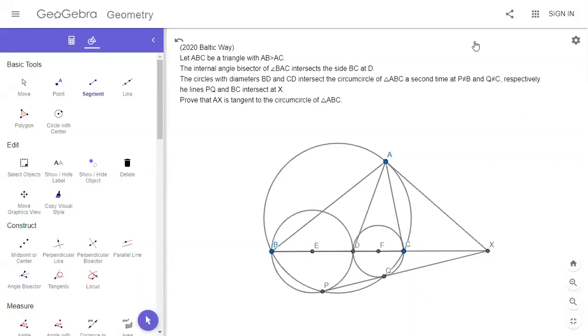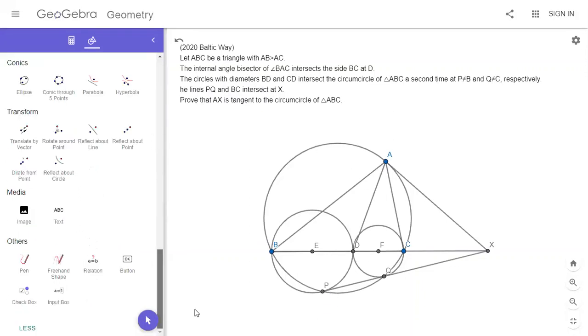Now by power of a point, DPQ is tangent to BC. If we prove XA equals XD, that would be the same as showing a tangent. And I would guess it's probably not a hard angle chase to show they're tangent.